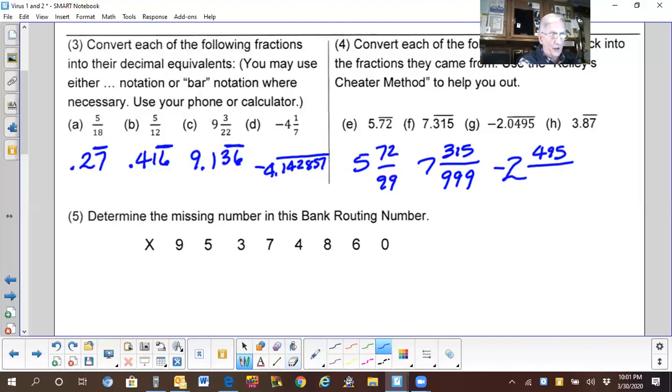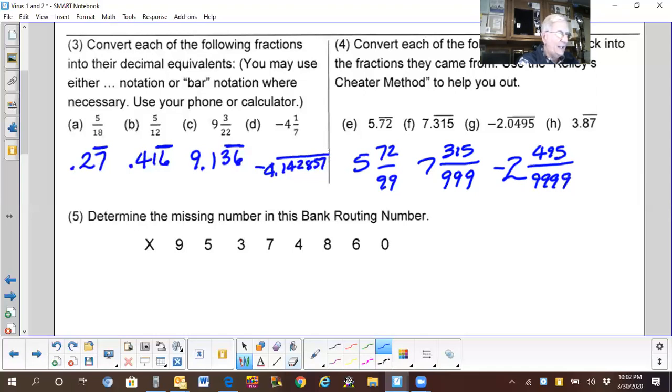As it turns out, it'll be 4, because this repeats as 0.0495, and again, 0495, 0495, 0495. This answer divided out will give you that repeating decimal.